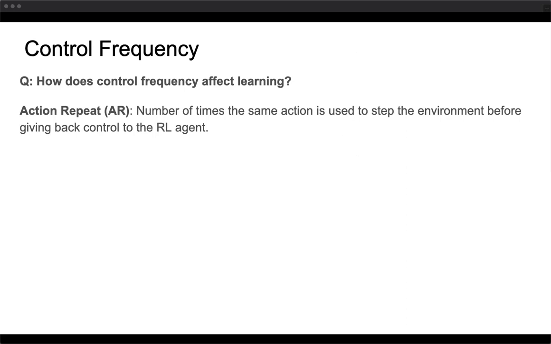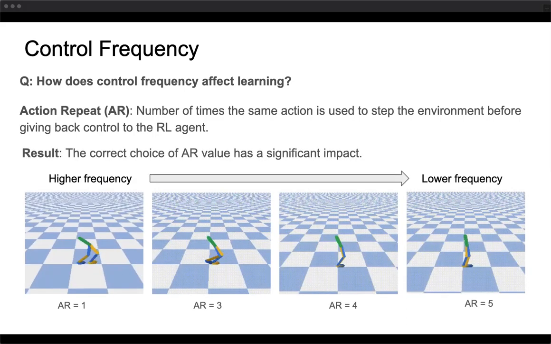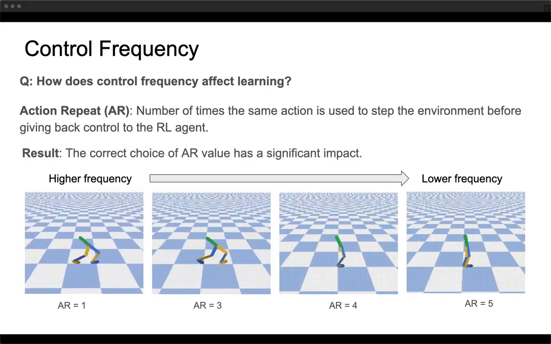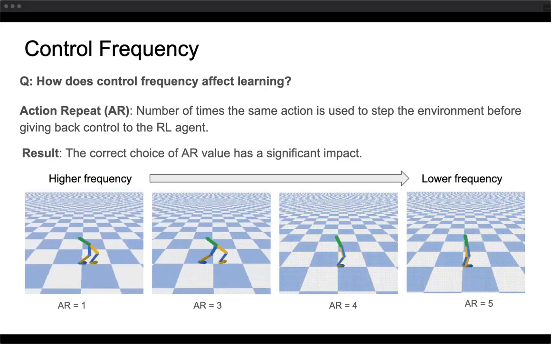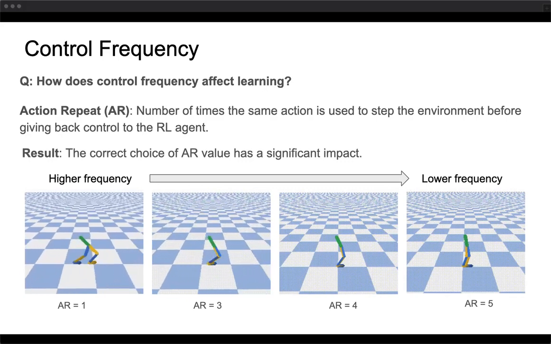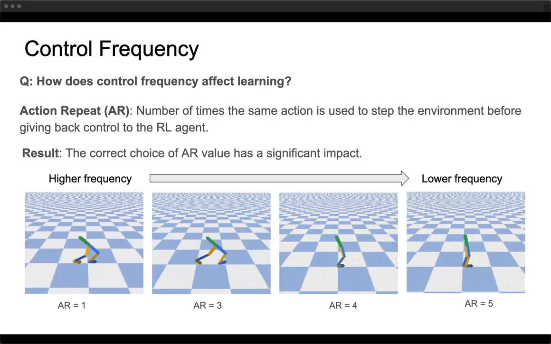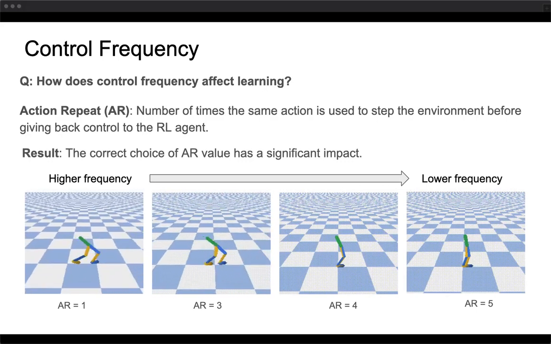The action repeat value simply represents the number of times that the same action is used to step the environment before giving back control to the RL agent. And it turns out that this action repeat value has a significant impact. In fact, increasing the action repeat value, and so lowering the frequency of the policy, results in bad policies.